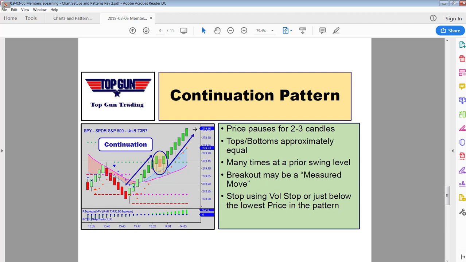And you notice right in here, the movement up on the volatility stop, and then when you did the continuation pattern, we had, oh, that's a little on the thin side. Okay, let's draw this. All right.